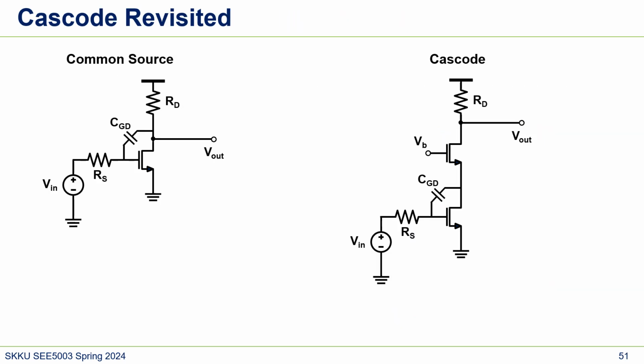Now let's look at the cascode. We already learned about it. So CGD, if you go to see here, C effective is 1 plus GM RD times CGD. But what about the cascode? Does CGD have an impact from the Miller effect?